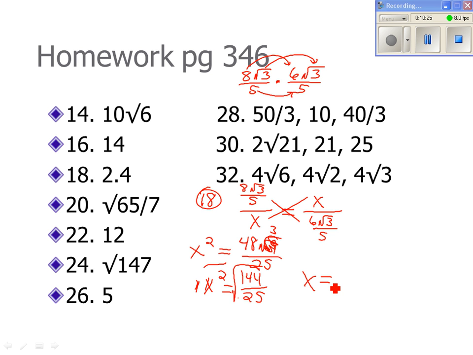When you take the square root of a fraction, all you do is take the square root of the top, take the square root of the bottom. What's the square root of 144? 12. What's the square root of 25? 5. That's right. 12 over 5. Okay, good, that's what I got.